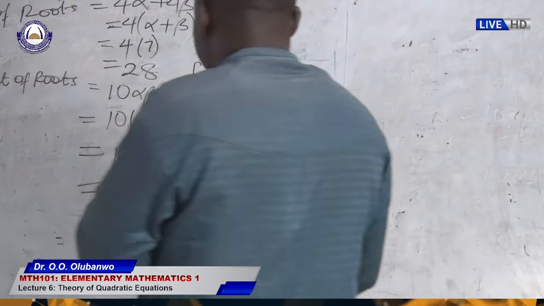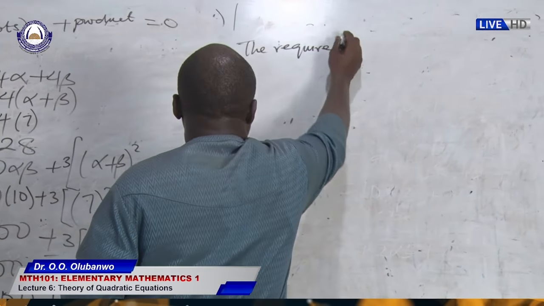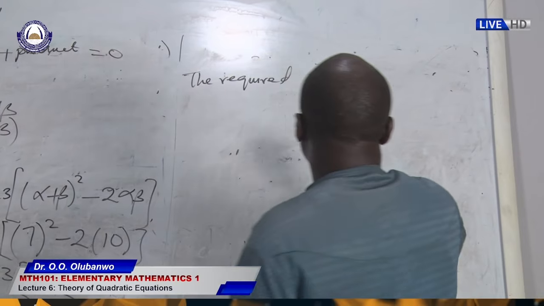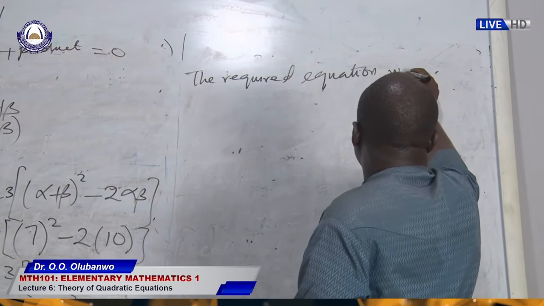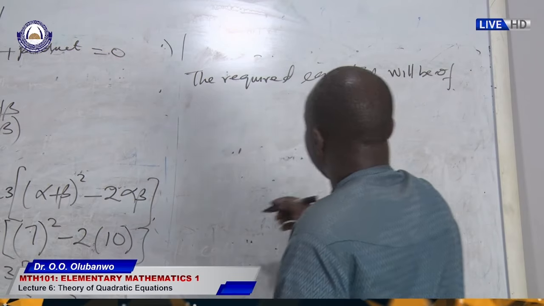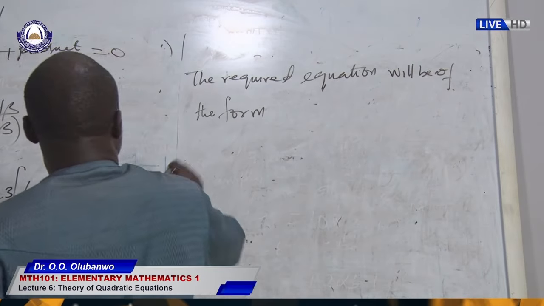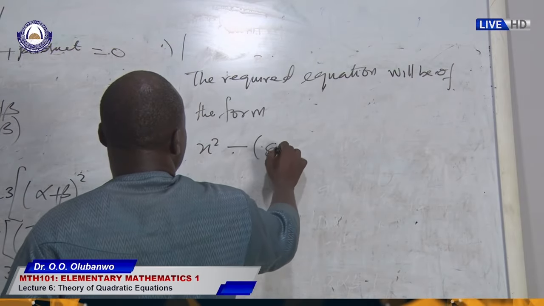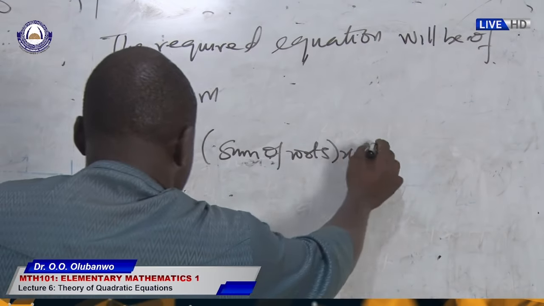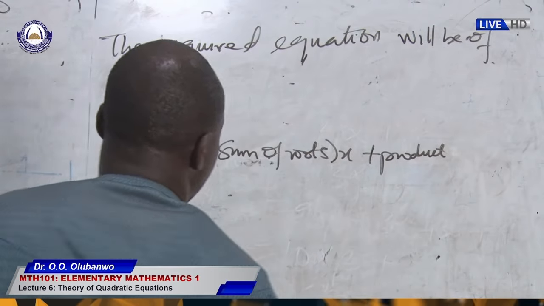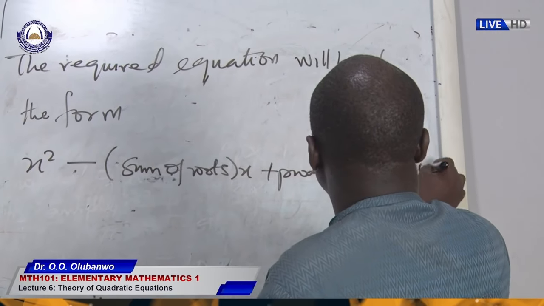Now, the required equation will be of the form x squared minus sum of roots times x plus product of roots equals 0.